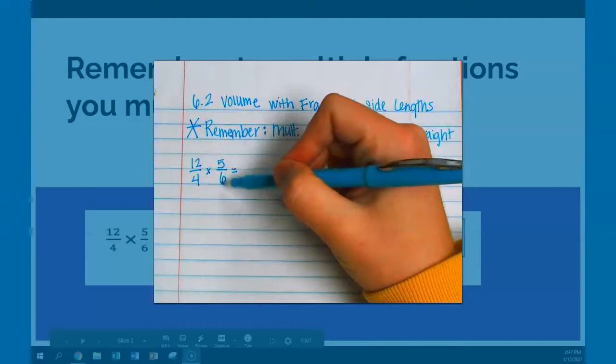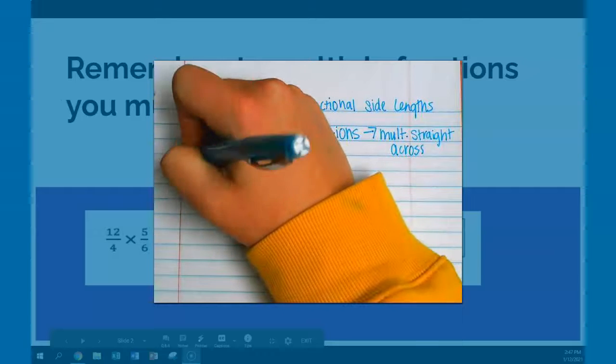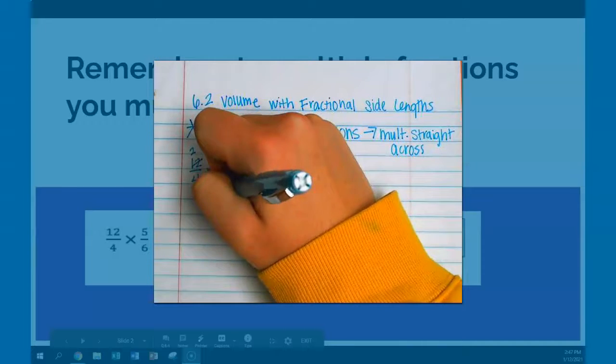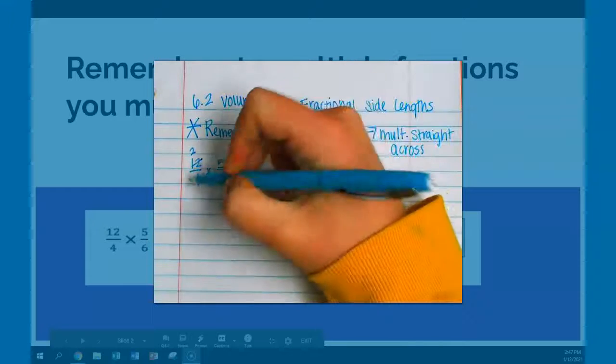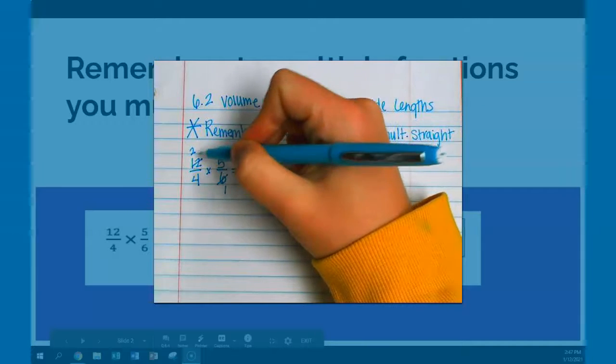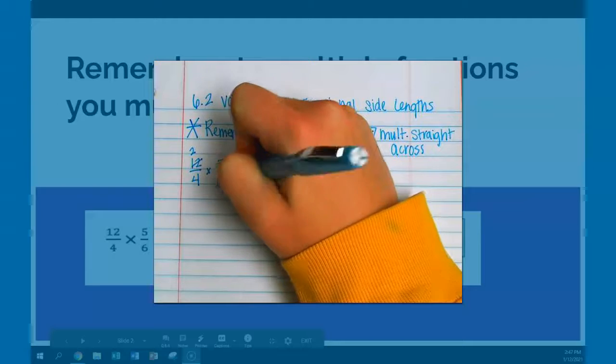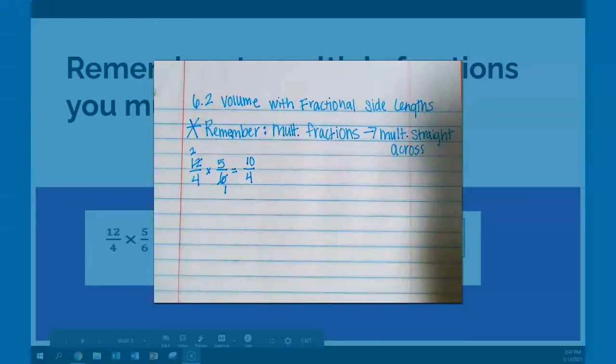So 12 and 6 have a common factor of 6. 12 divided by 6 is 2, 6 divided by 6 is 1. 4 and 5 do not have any common factors to shrink them down. So 2 times 5 is 10, 4 times 1 is 4, so we get 10/4.